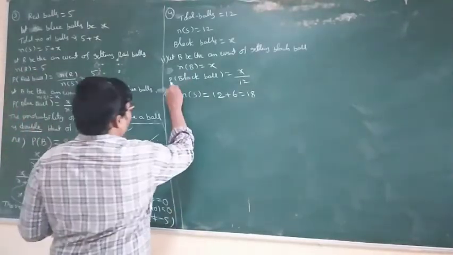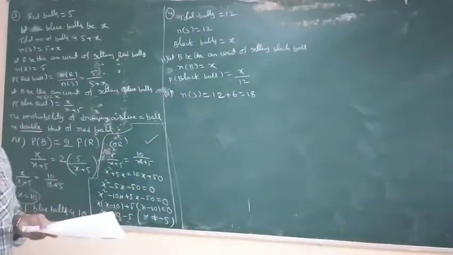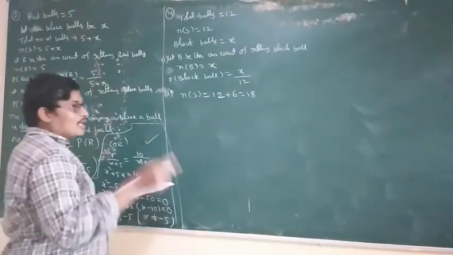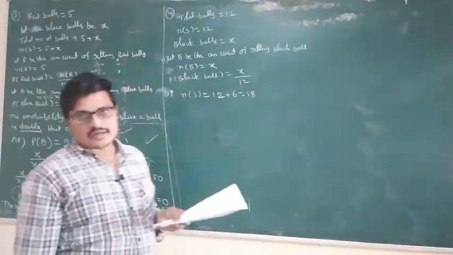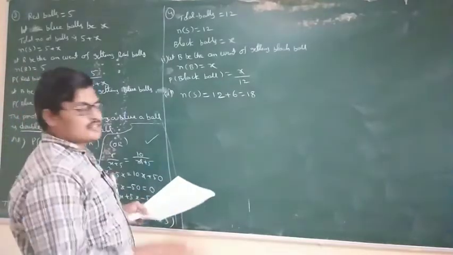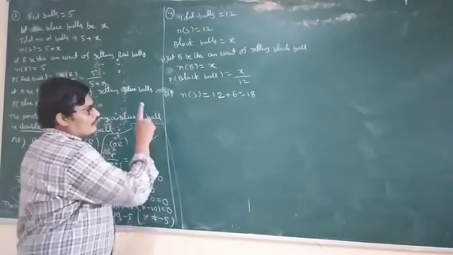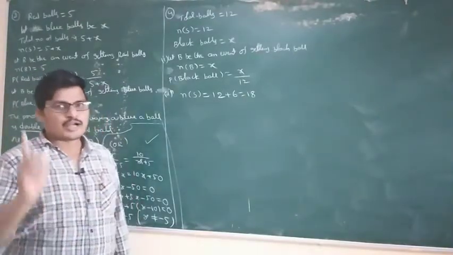Before, the probability of black ball is x by 12. Now the probability of black ball is the final probability of getting a black ball.